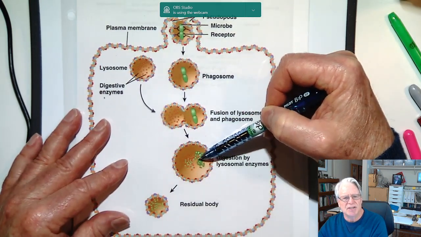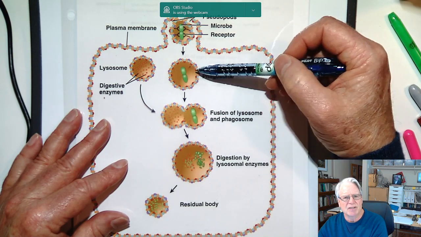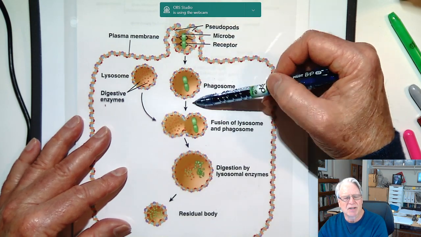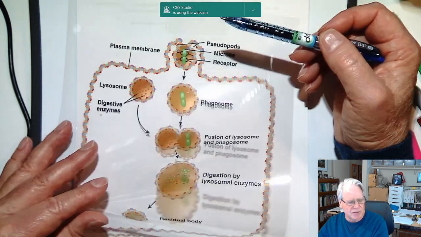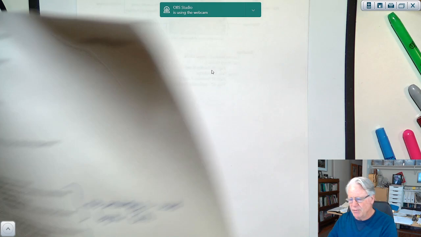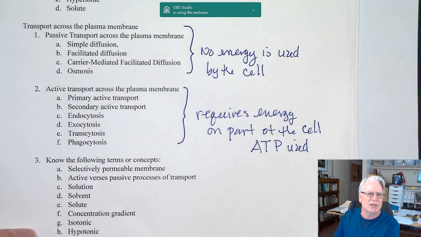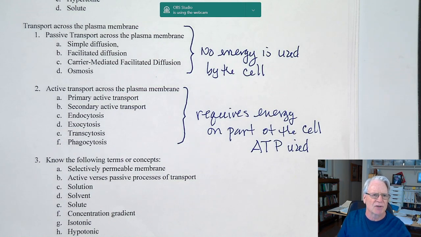In this case, we're going to digest it. So phagocytosis is to digest something once it's brought into the cell. But all of this requires energy. So all these processes, whether it's primary or secondary, endocytosis, exocytosis, transcytosis, or phagocytosis, all those require energy.